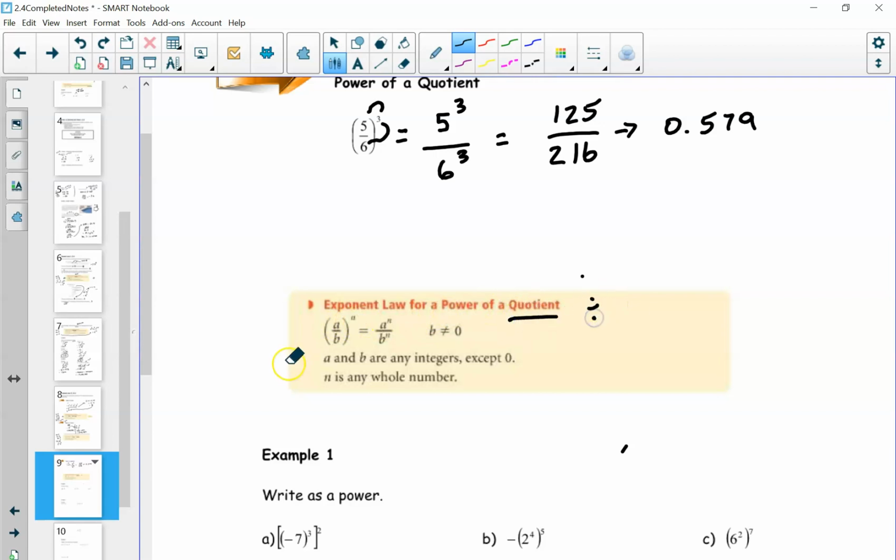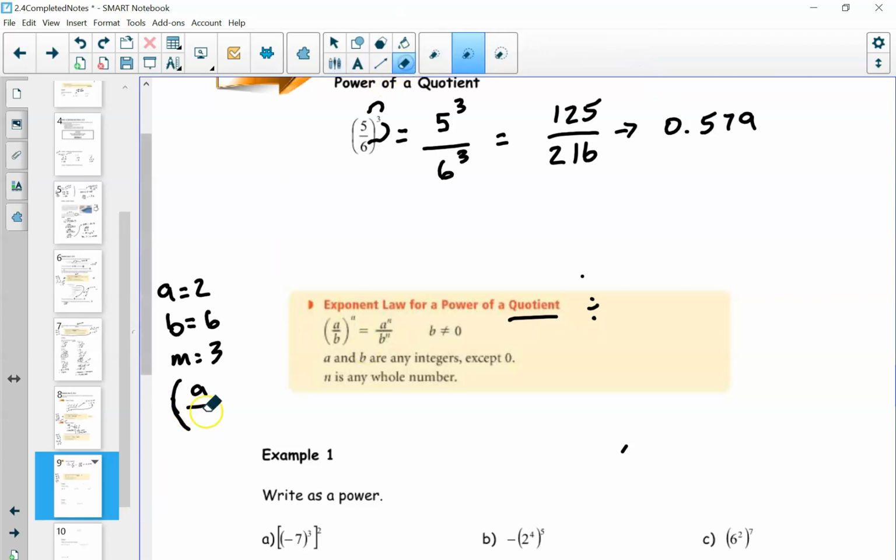We know that quotient is division. Let's go with our same numbers for our example. A equals 2, I think B equaled 6, and M equaled 3. So what that meant was, if we have in brackets A over B, to the power of M... why am I writing out A's and B's? I should be writing it out as numbers.